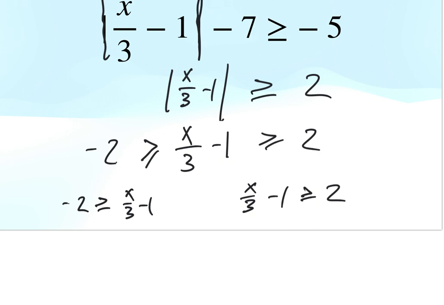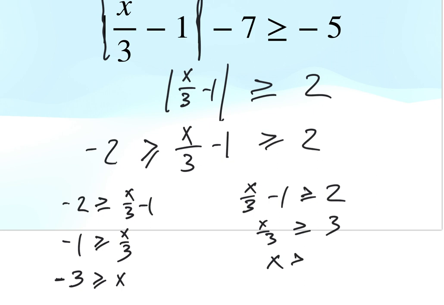So this will be add 1, so negative 1 greater than or equal to x over 3. Multiply both sides by 3, negative 3 greater than or equal to x. On the right side, x over 3 greater than or equal to 3. Multiply by 3, x greater than or equal to 9.